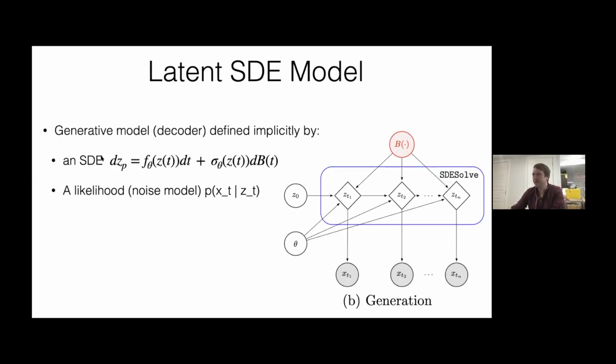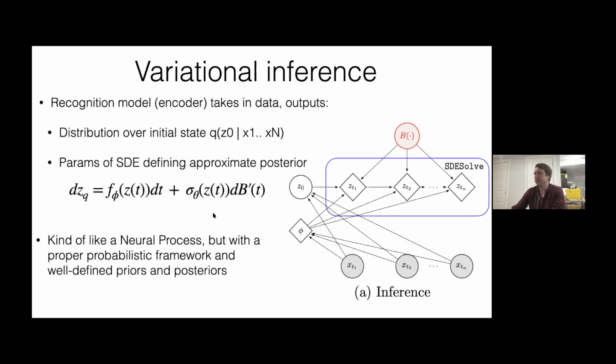So the model is that we define F and sigma, which say what our distribution over Z is implicitly, plus our likelihood noise model. And for inference, this is kind of crazy: what's our Q of Z, our approximate posterior over Z? We will define it with another SDE.